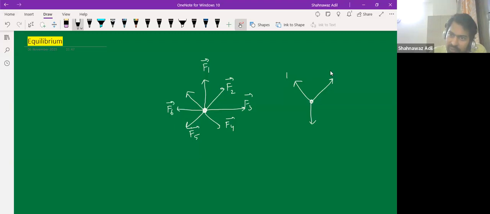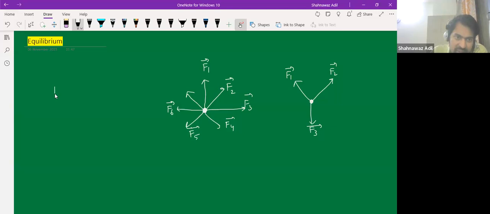If this point is at equilibrium, then the total forces acting on this point or particle are cancelling out each other.